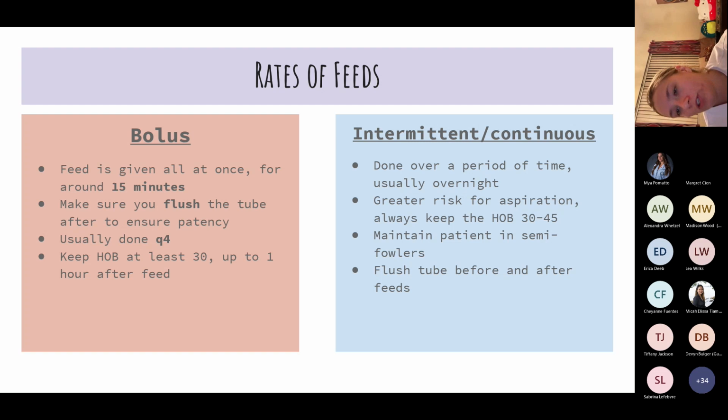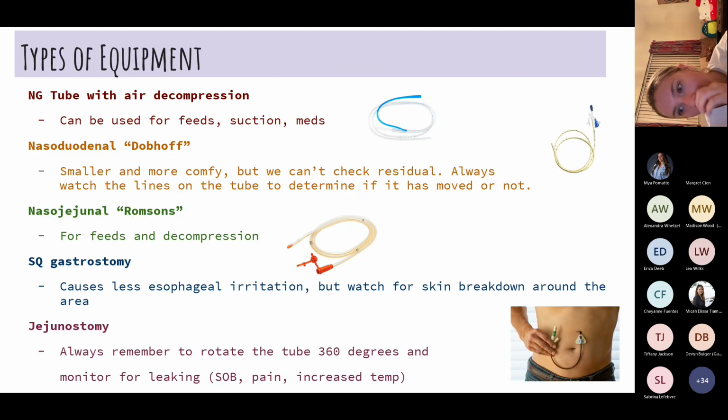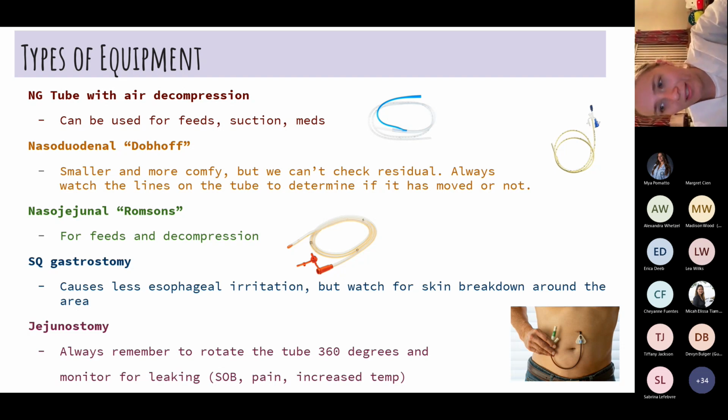Okay, always flush your tube before and after feedings. I have another slide in a bit that goes over troubleshooting. Okay, when we're talking about types of equipment, just understand that there are various different types. You have your NG tube, your Dobhoff is very small, so I wouldn't recommend crushing lots of meds and putting them in the Dobhoff simply because it can clog.